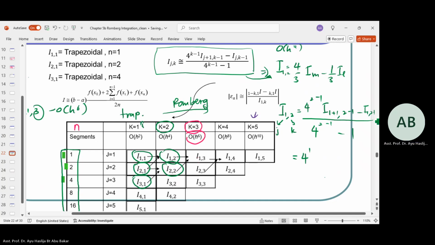4. And this one equals 3. Okay, so you will get the same thing.